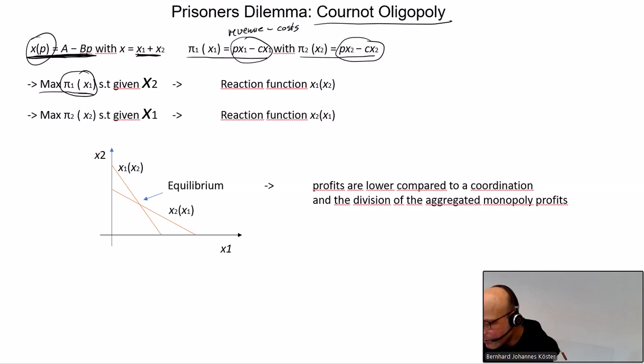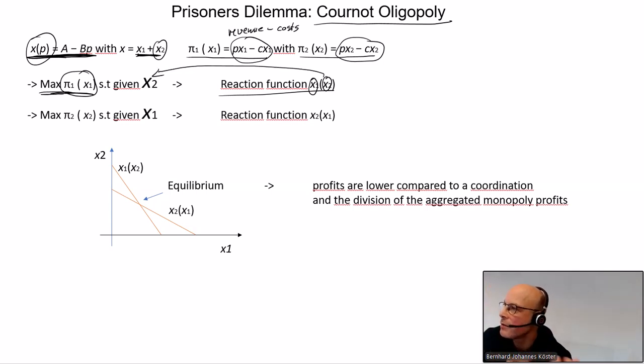So from individual maximization, you obtain a reaction function because you have to make an assumption how much is your competitor producing. Otherwise, you cannot calculate your profits. And this means your optimal output is depending on the given output of the other firm.